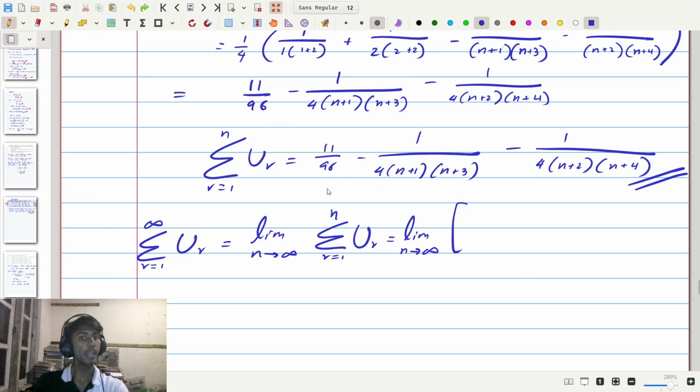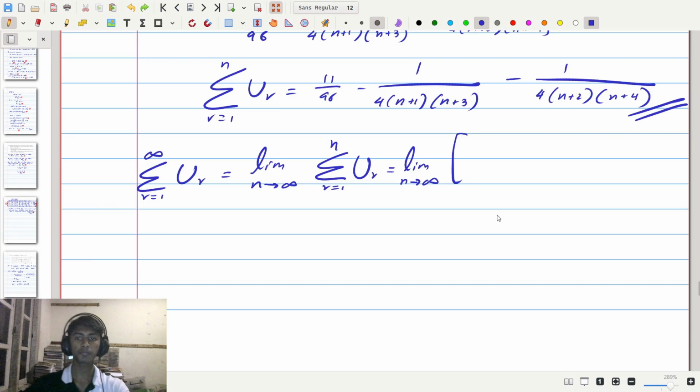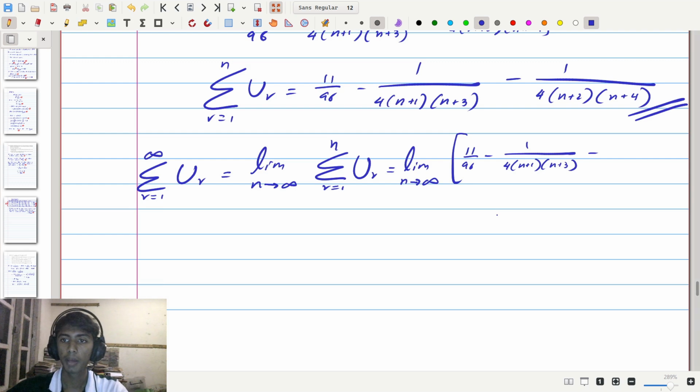So all we have to do is substitute this expression into the limit, simplify, and see what we get. So we get 11 over 96 minus 1 over 4 times (n plus 1) times (n plus 3) minus 1 over 4 times (n plus 2) times (n plus 4). So this is what we have.